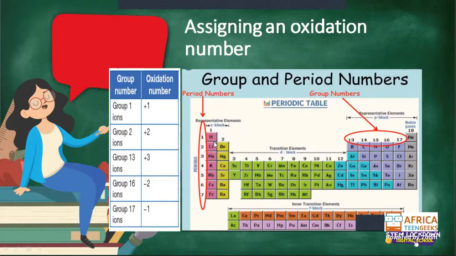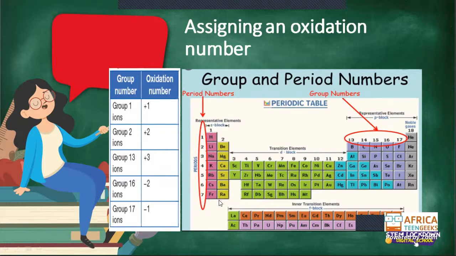because remember, hydrogen can be either positive or negative depending on what it falls under. Then this one is our group 2, and then we've got groups 13, 16, and 17. These are the groups that we work with when it comes to oxidation number. Group 1 ions will always be positive 1.